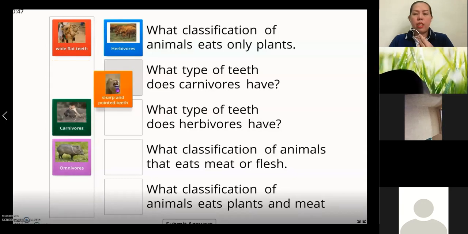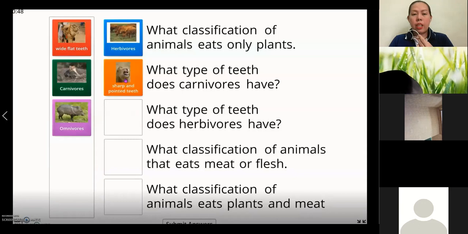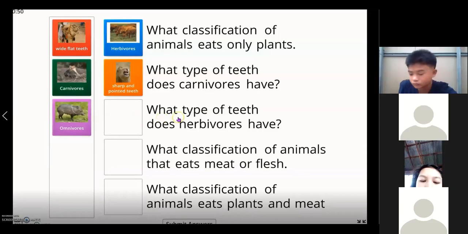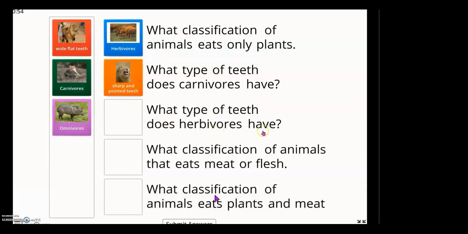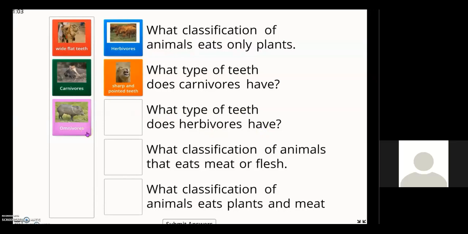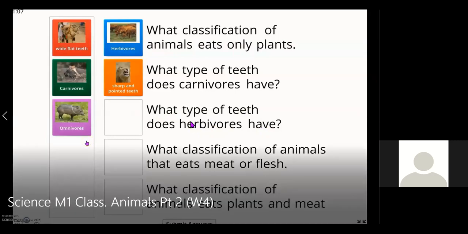Number 3, let's have Pakawat. What type of teeth do herbivores have? What is the answer?